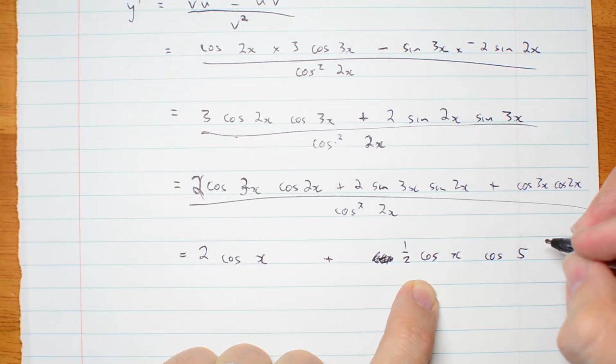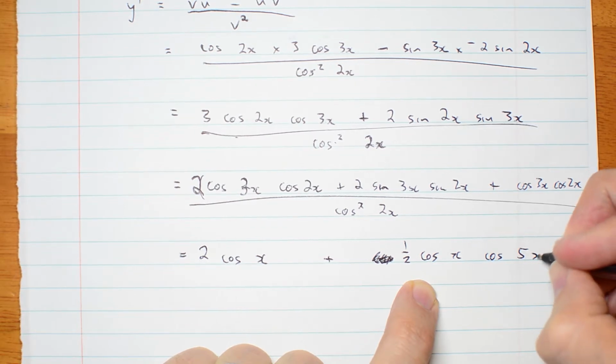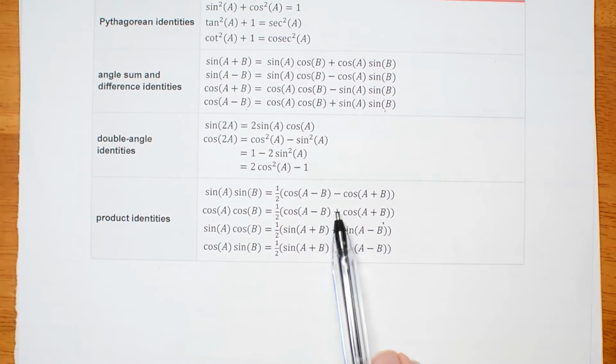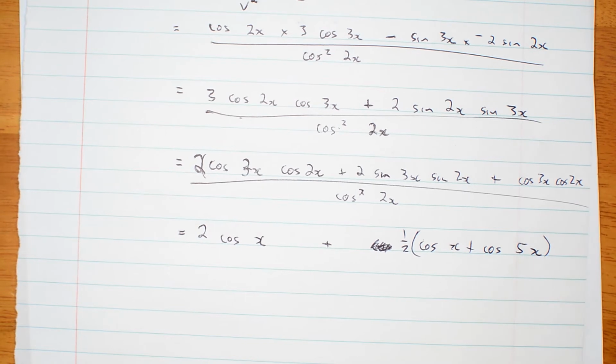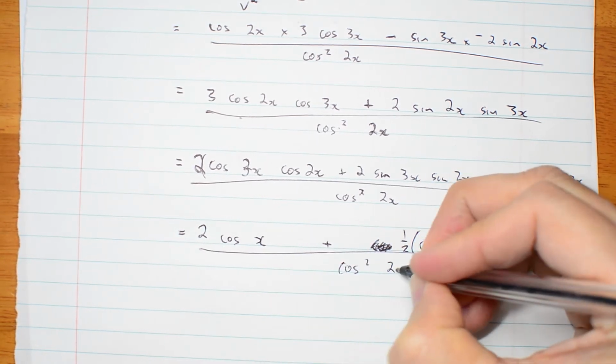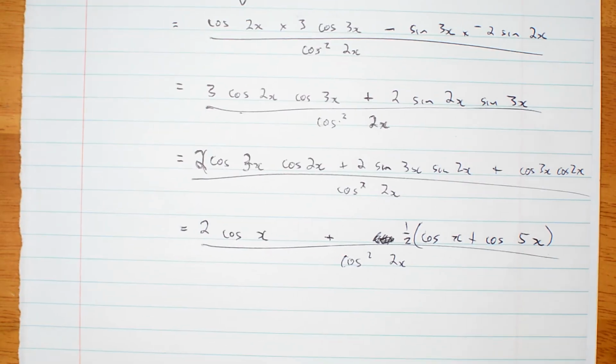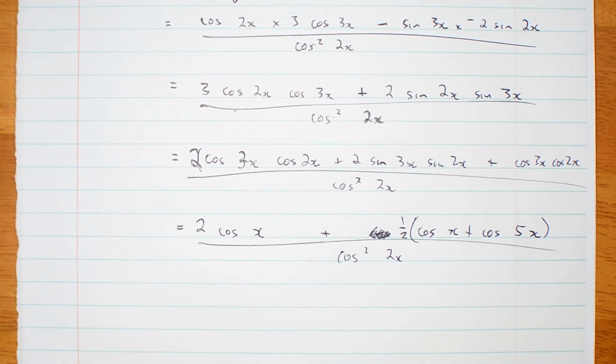Oops, I'm doing something wrong here. What have I done wrong? Did you spot it? There was supposed to be a plus here. All over cos squared 2x.